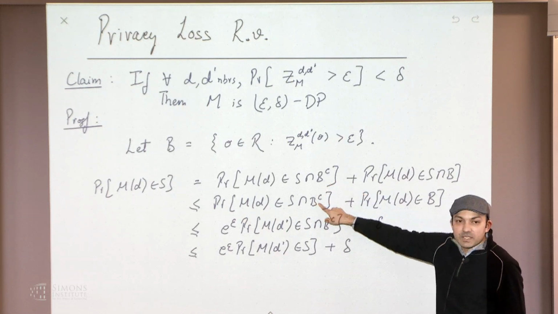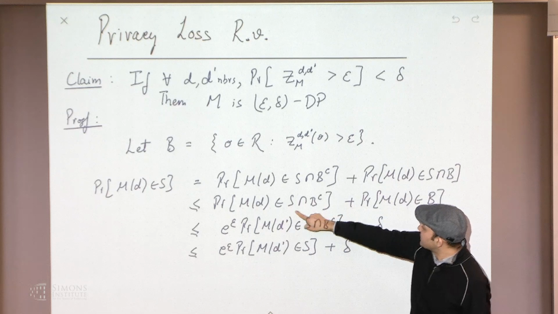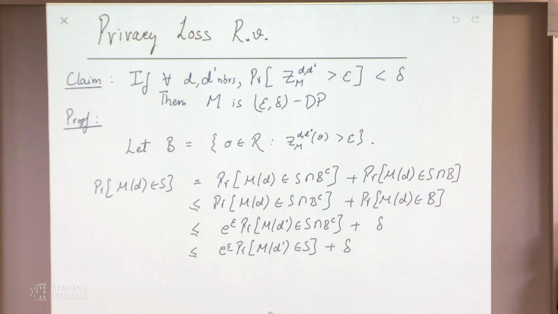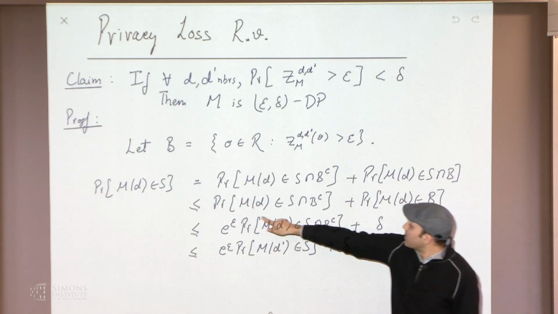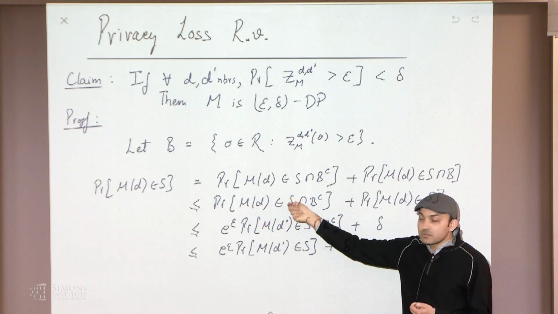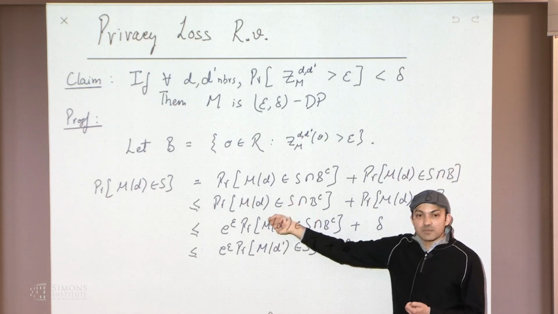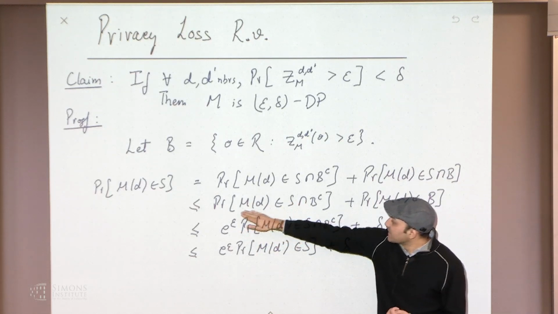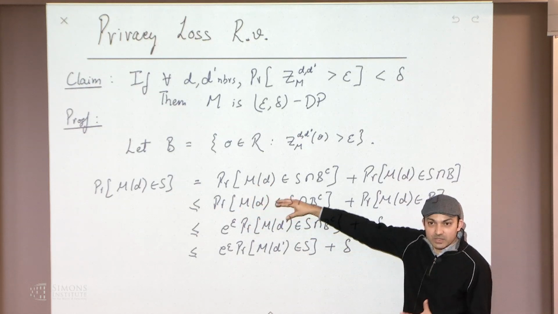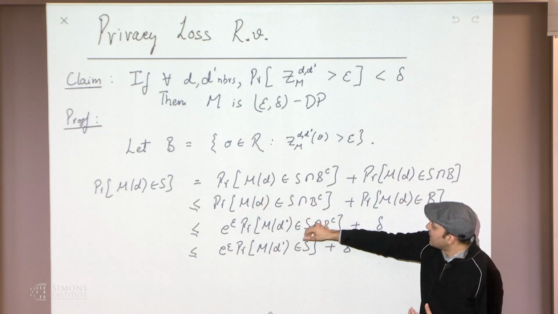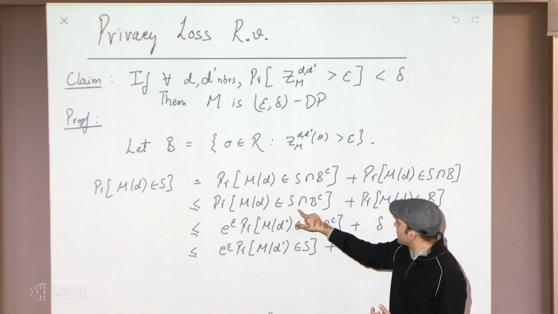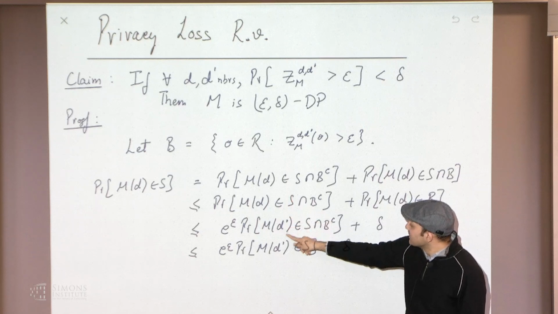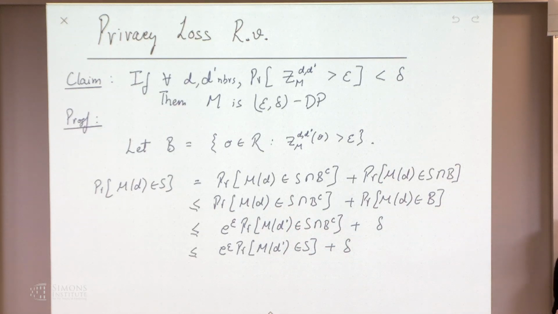When we are in B complement, the privacy loss random variable is bounded by epsilon, which means that the probability of M(D) being a certain outcome is at most e to the epsilon times the probability of M(D prime) being that same outcome. So if I write this as an integral over the probability space, term by term the probability is changed by at most e to the epsilon, so I get this bound.